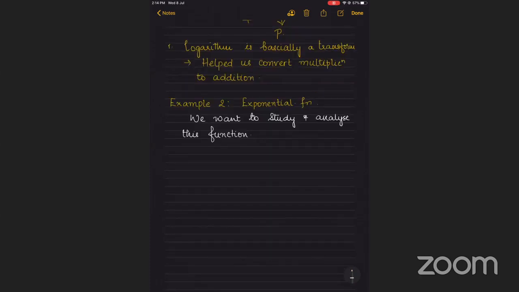So what do we do with this? Study analysis means, the only thing that we are probably comfortable with is looking at straight lines. So let's write that.